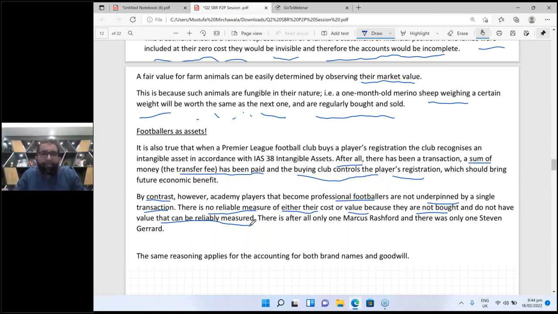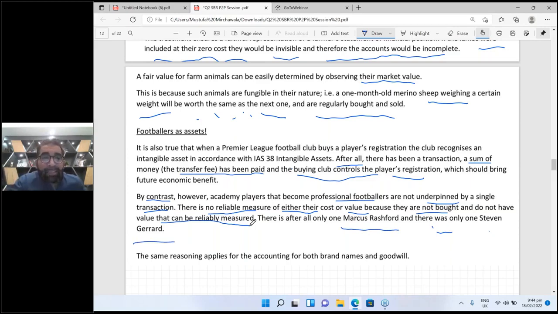And one more thing, out of 1,000 students, one will become a hero, and you never know who. See the example, there is after all only one Marcus Rashford, and there was only one Steven Gerrard. Those who watch football, they know these names.